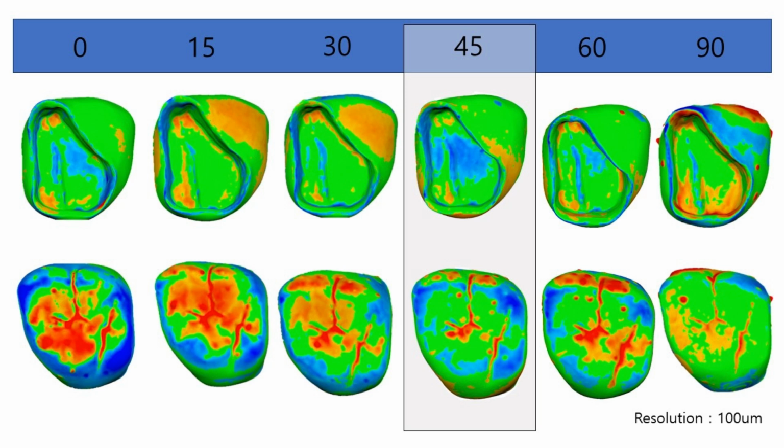It was observed that the outcome at a 45-degree printing angle appeared to be overall superior, including in terms of the occlusal surface. This demonstrates how adjusting the printing angle can achieve desired results.